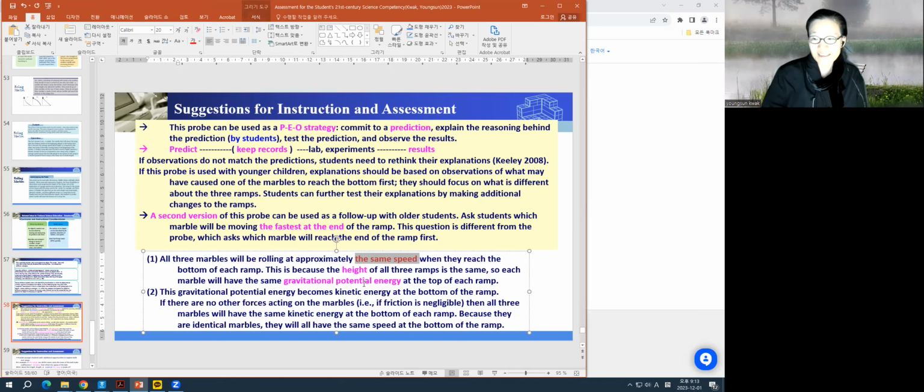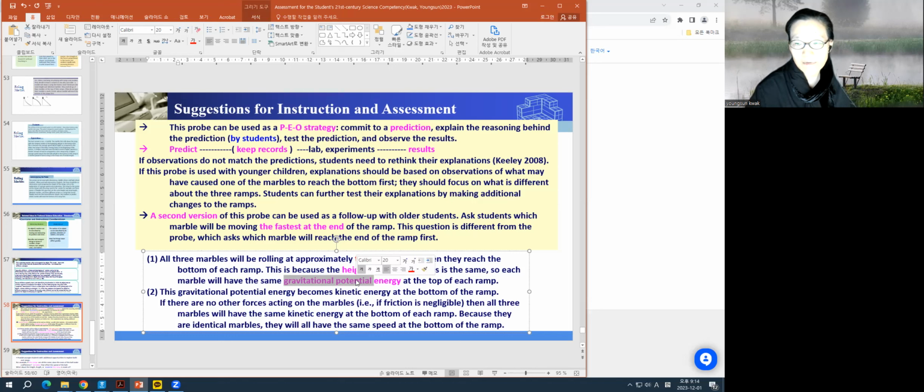Potential energy converts into motion energy. When they reach the bottom of each ramp, this is because the height of the three ramps is all the same, so the gravitational potential energy is all the same.